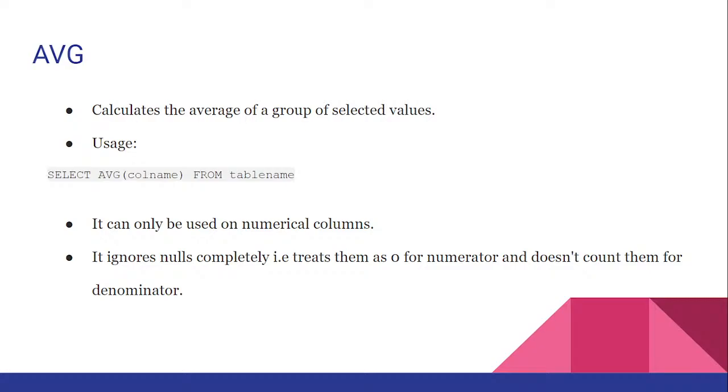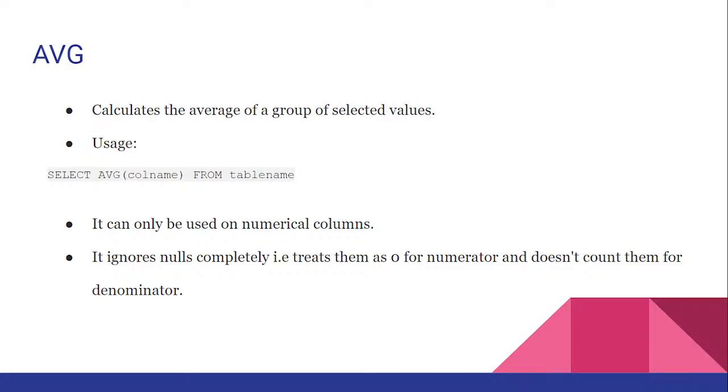So out of all of the aggregate functions which we saw, average and sum work only on numeric values, whereas count, minimum, maximum, they work on all sorts of values, that is numeric, string, or date type. Okay? And how it treats the null values is it will not consider them while counting, when dividing by count, and while performing the sum it will consider them 0. That's how average treats the null values.